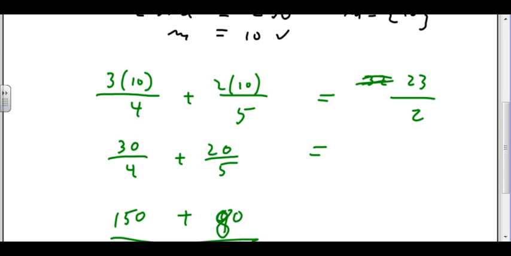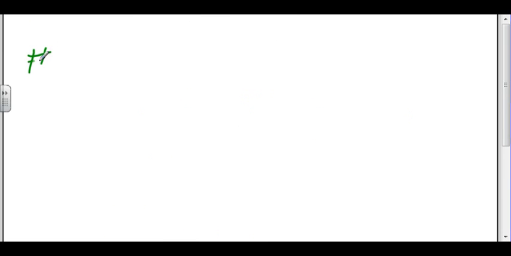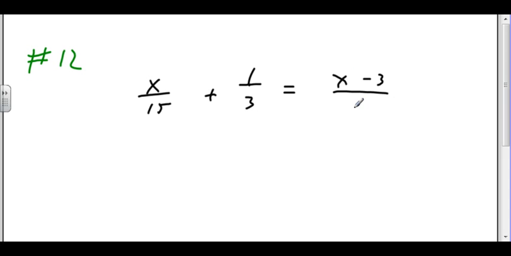Number 12. x over 15 plus 1 over 3 equals x minus 3 over 5. And I do the same thing again.